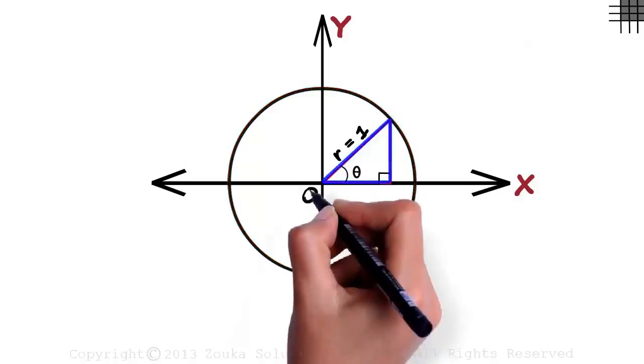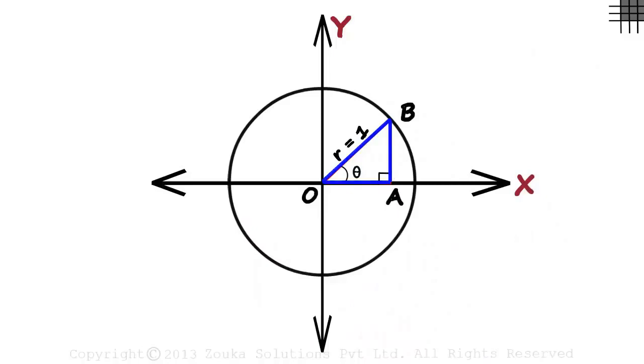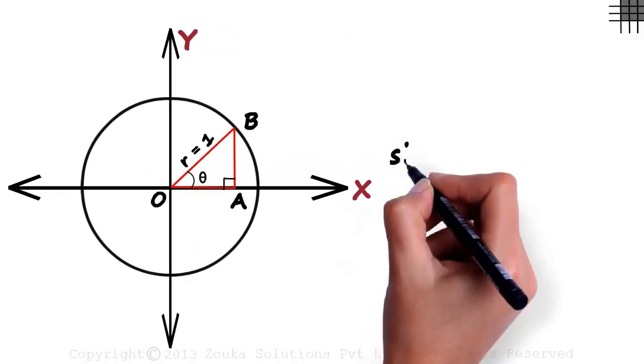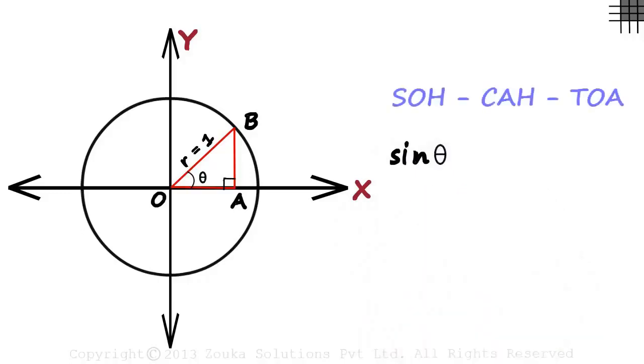Let's call it OAB. In this triangle, OB is the hypotenuse, OA will be the adjacent side, and AB will be the opposite side. Now let's apply the formulae and see the results. First, let's find out sine theta. It's so ka twa, so sine is opposite by hypotenuse.